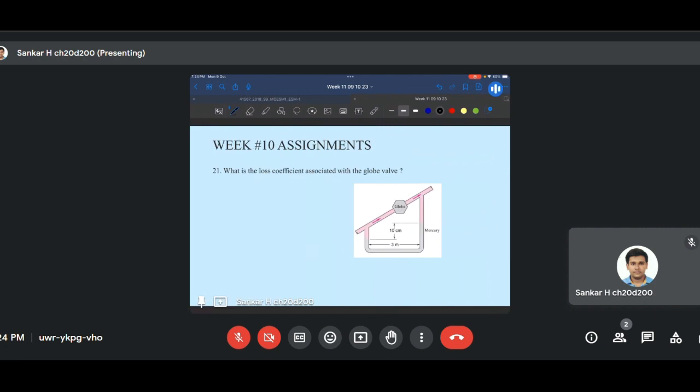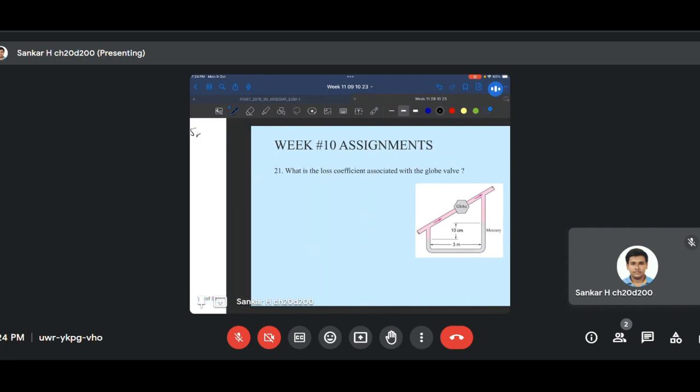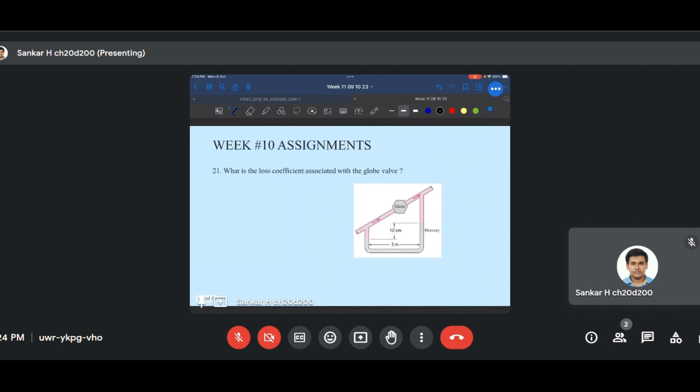Next, we have to find out the loss coefficient, which is the ratio of the total head loss to the velocity head.